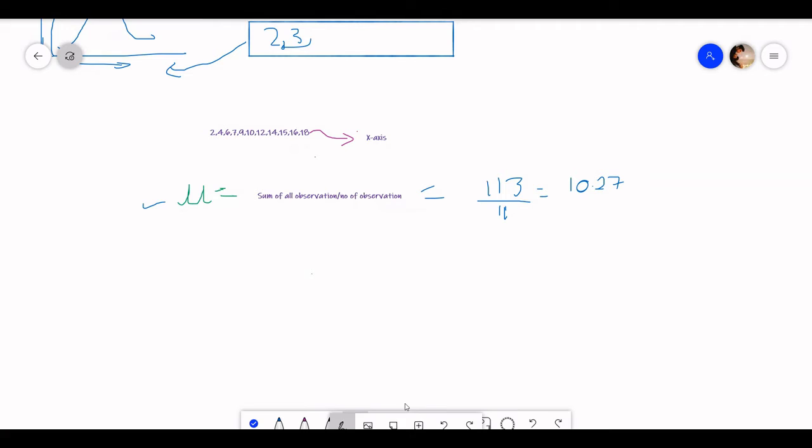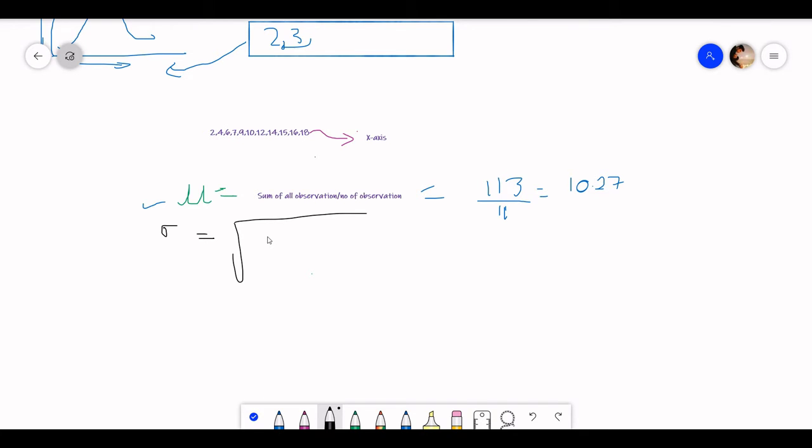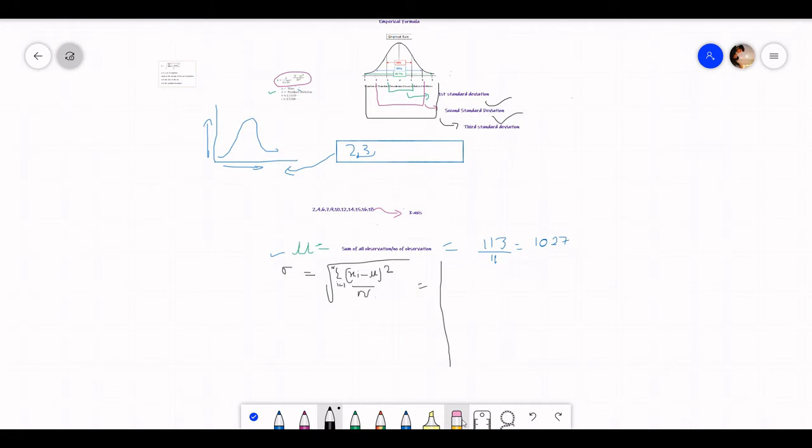So to find the standard deviation, we have a formula: square root of the summation of (x of i minus mu) whole square upon n, where i goes from 1 up to n. So we are going to find our standard deviation.